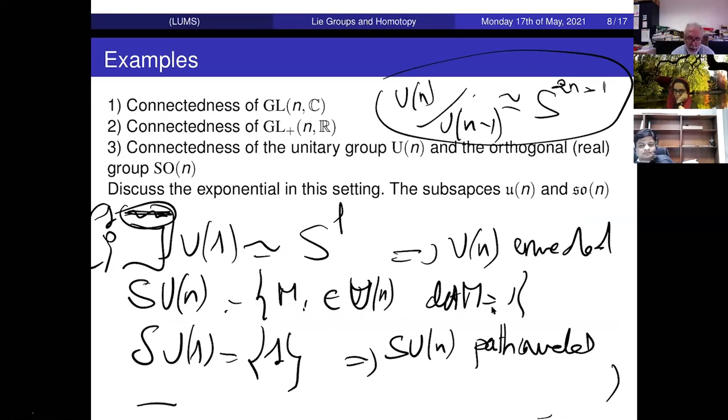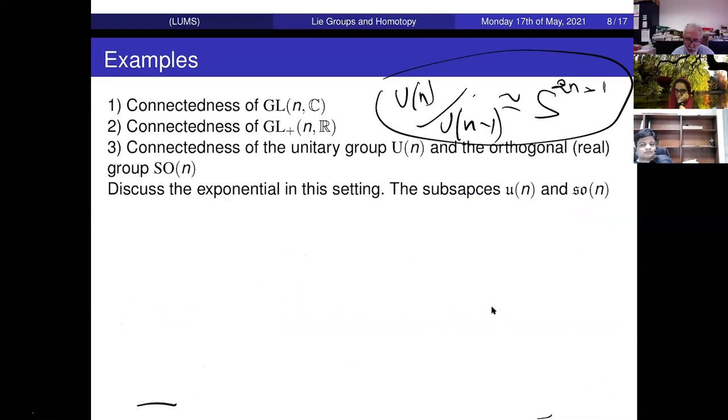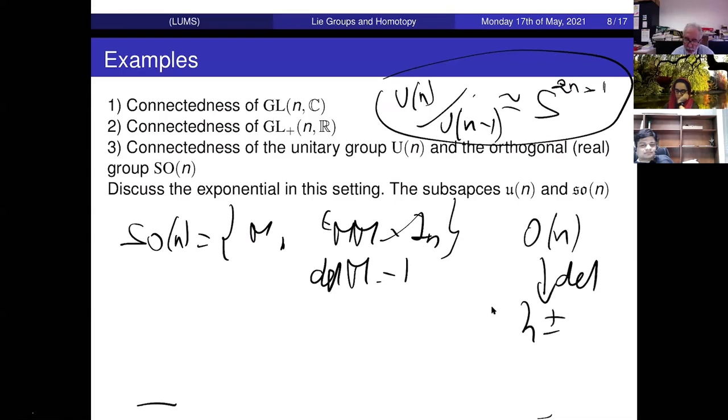Let us see another case quickly again. Don't hesitate to stop me if there is the need to. If we work with SON, it is the set of matrices such that M transpose M equals identity and determinant of M equal 1. ON cannot be connected because the determinant sends it surjectively on plus or minus 1, a matrix such that TMM equal to identity.